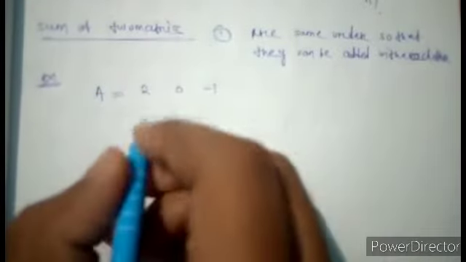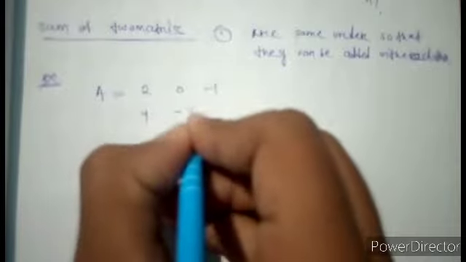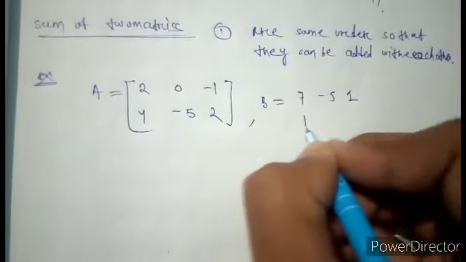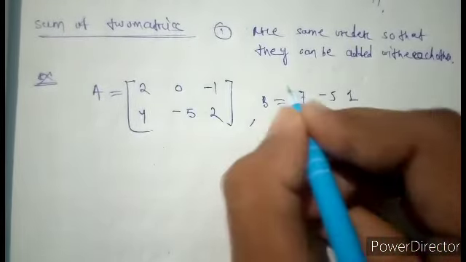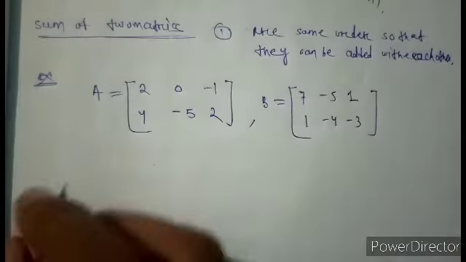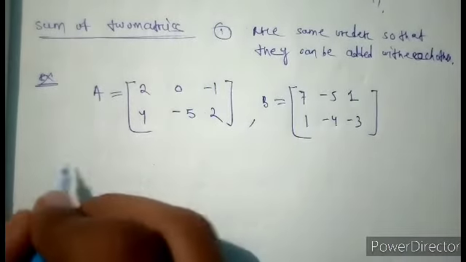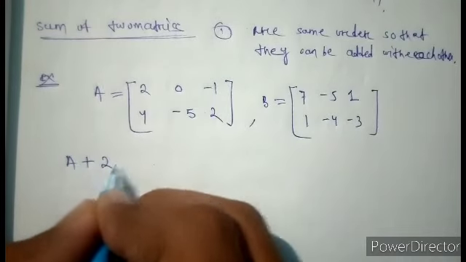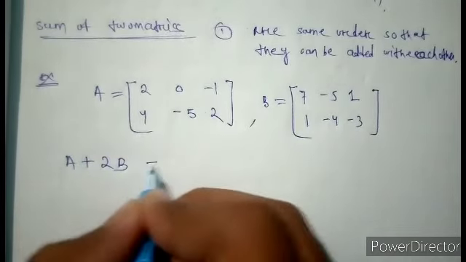A is given as 2 0 minus 1 4 minus 5 2, and B is given as 7 minus 5 1 1 minus 4 minus 3. The question asks us to find A plus 2B.